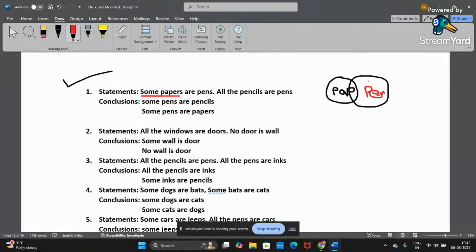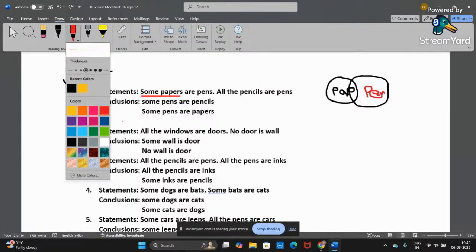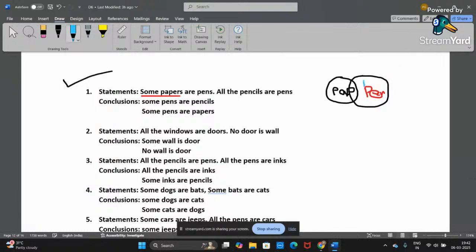That means all pencil should be in pen. That means we have to write here. I'll take the other color. In this, all pencils are pen.